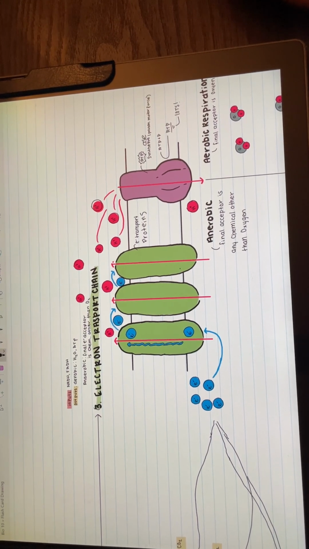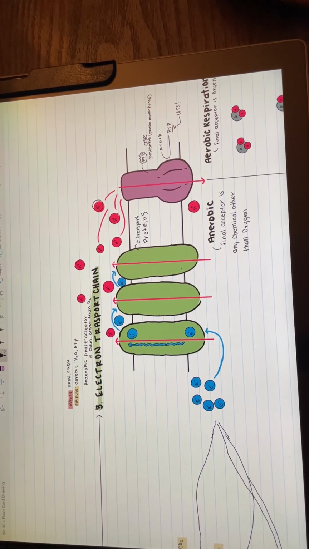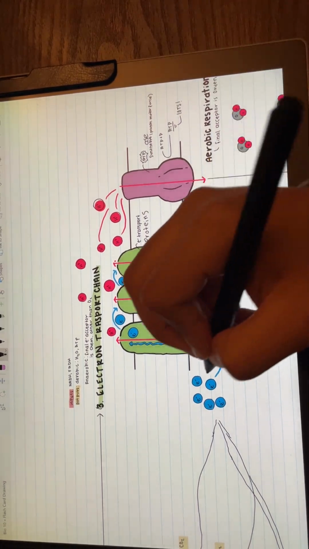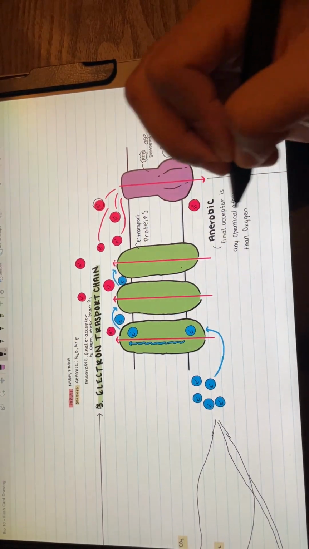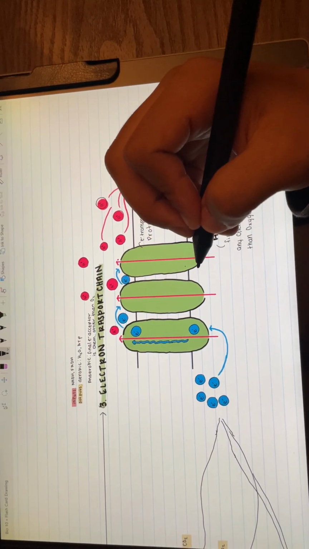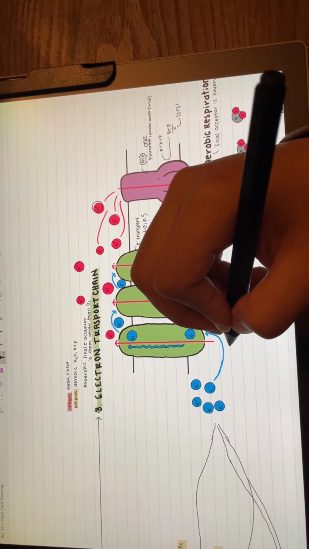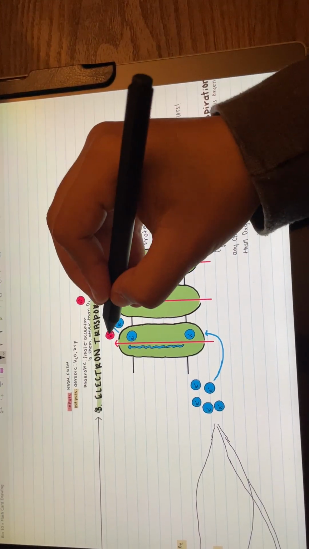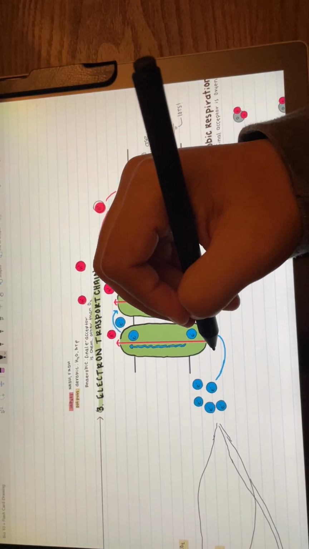In the electron transport chain, NADH and FADH2 donate electrons, which we see here, and they travel through a series of proteins. So as the electrons move through the electron transport proteins, protons, which we see here, so H plus is a proton, are pumped across the membrane.